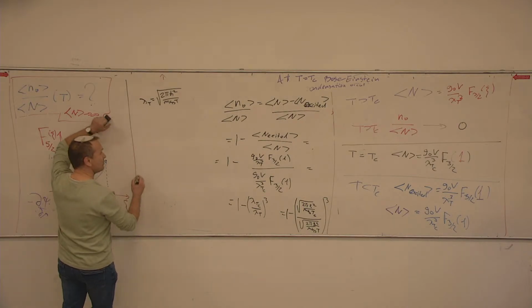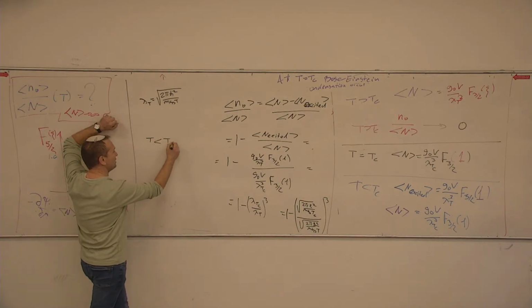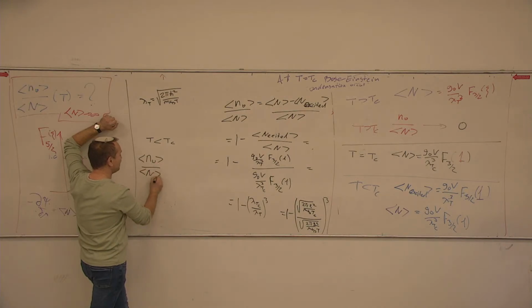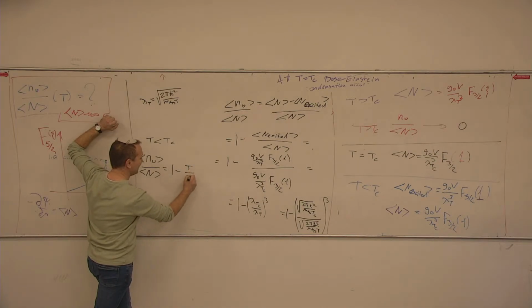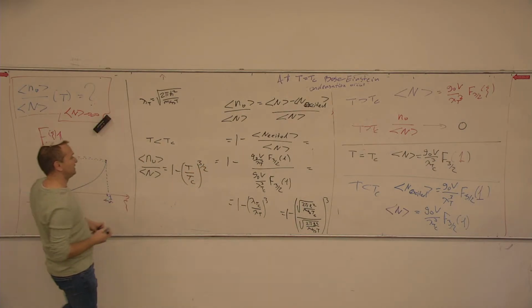And finally, we obtain that for T lower than Tc, n0 average divided by n average equals 1 minus T divided by Tc to the power of 3/2.